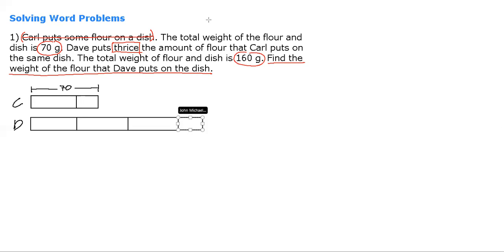And we know that they are the same, so it doesn't matter. So the total weight is, don't forget, 160 grams. So here's the question. What is the weight of the flour that Dave puts on the dish?